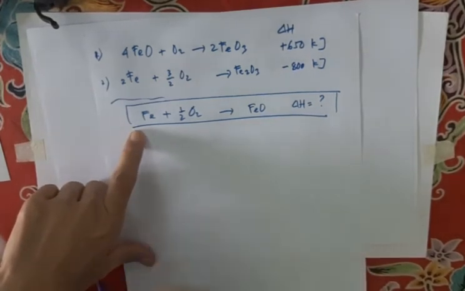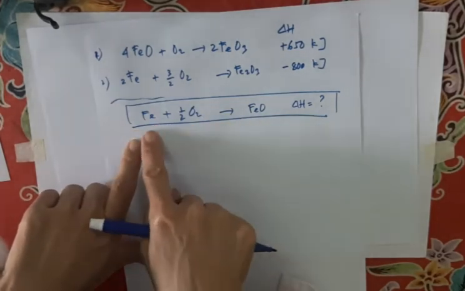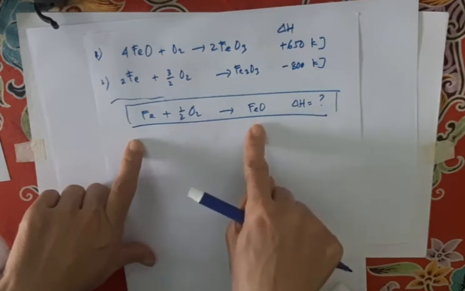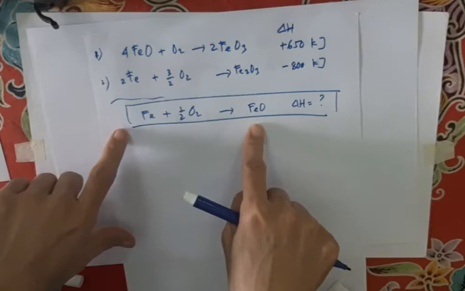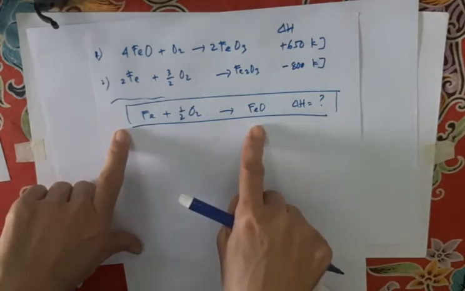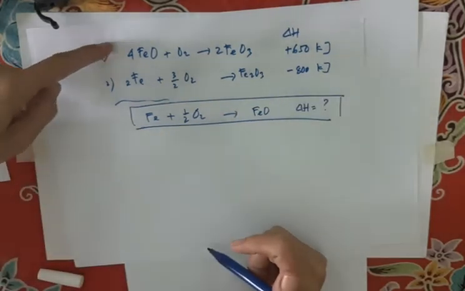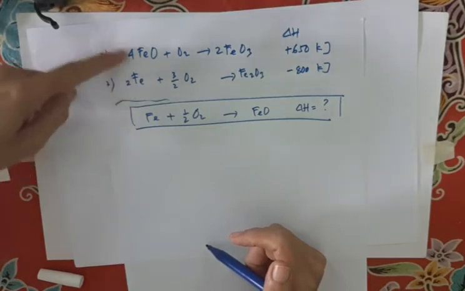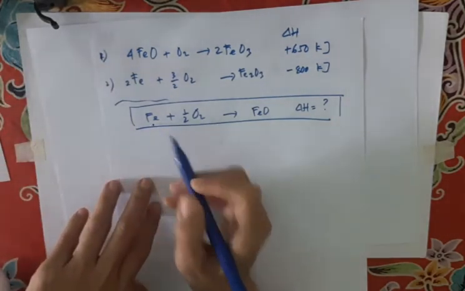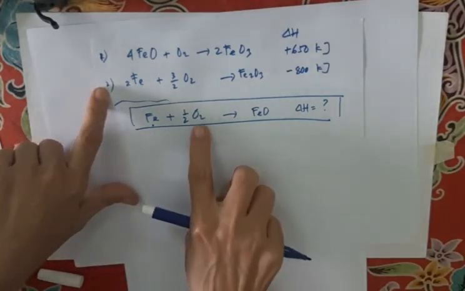How? Look at this. Look at the substances: Fe, O2, and FeO. Please recognize which substances appear only once in the two equations here. Fe appears in the second equation only.